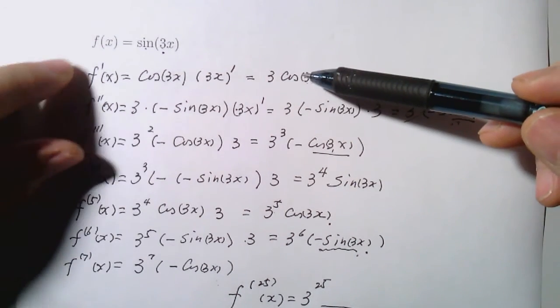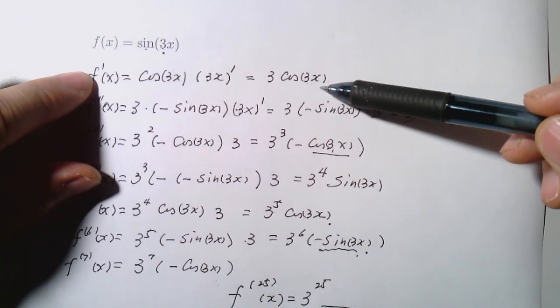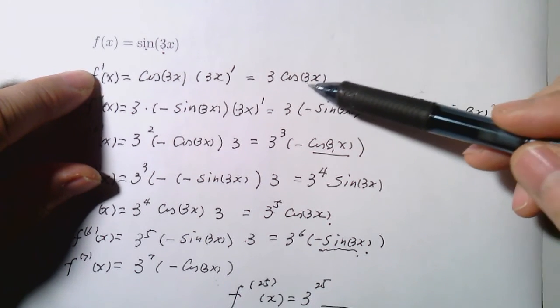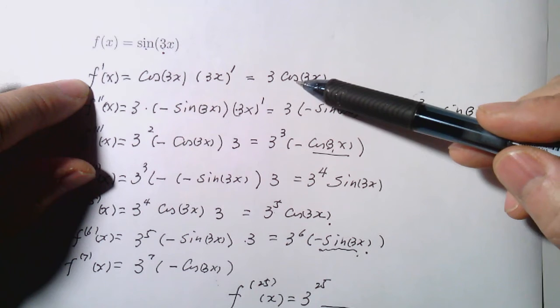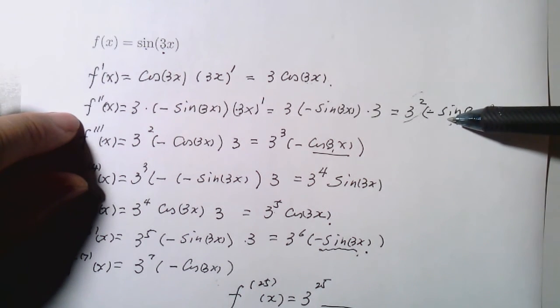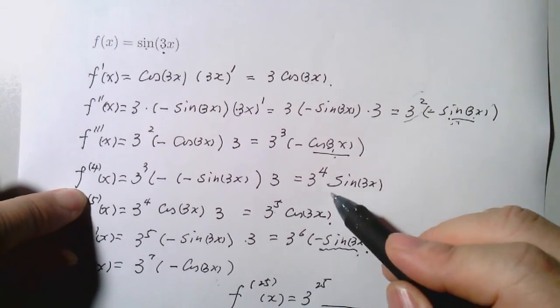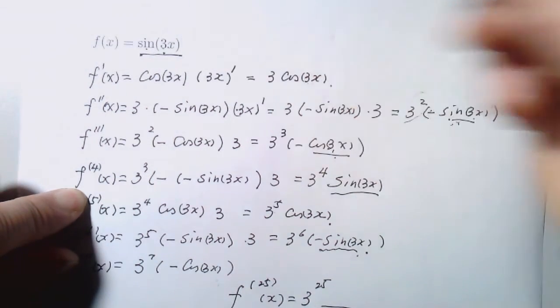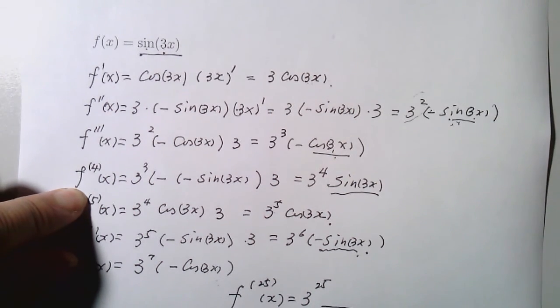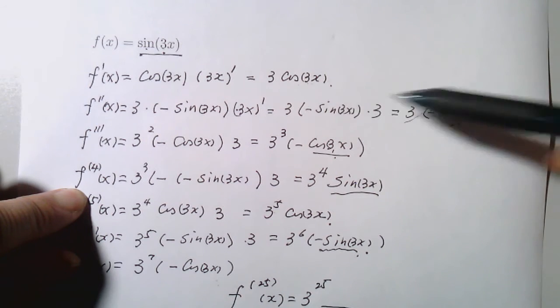Don't look at the coefficient, just look at the function part. The first derivative is cosine, the second is negative sine, the third is negative cosine, and the fourth is back to the original sine 3x, besides the coefficients. The coefficient we don't care about; we only look at the trig function part.